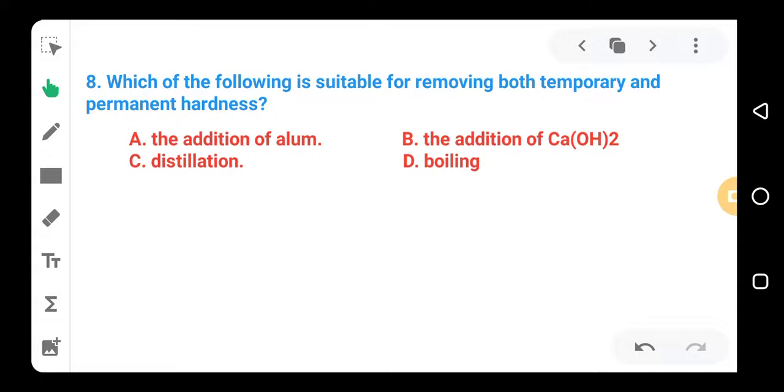So distillation is a method that will give you pure water by removing any impurity that might cause temporary or permanent hardness to the water. The correct answer is C.